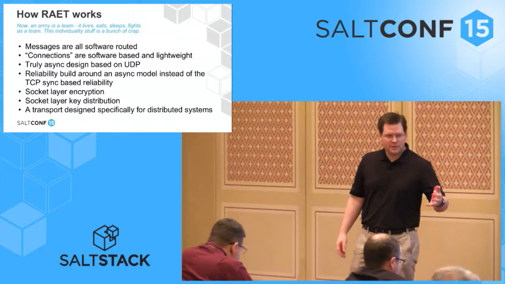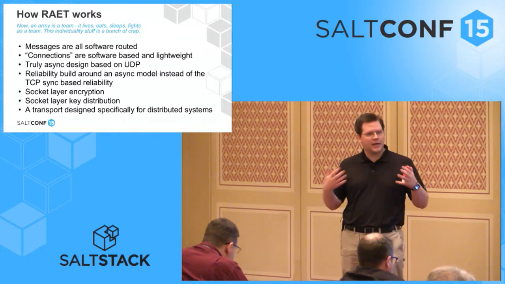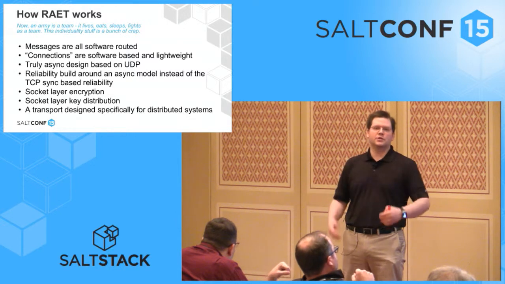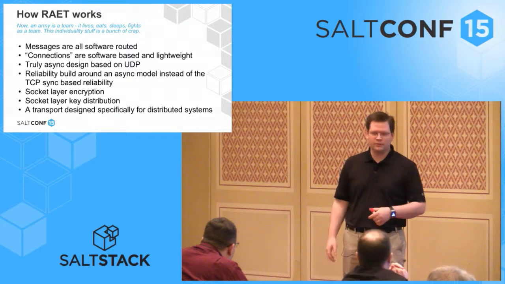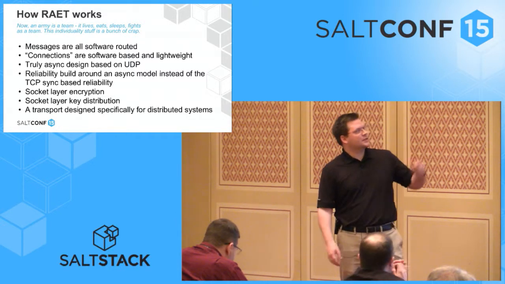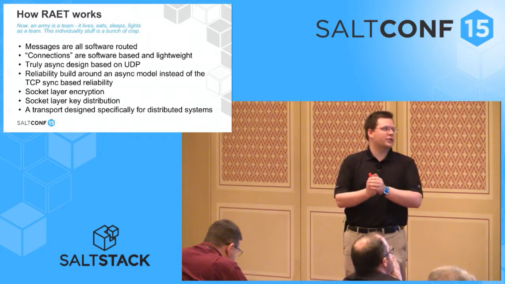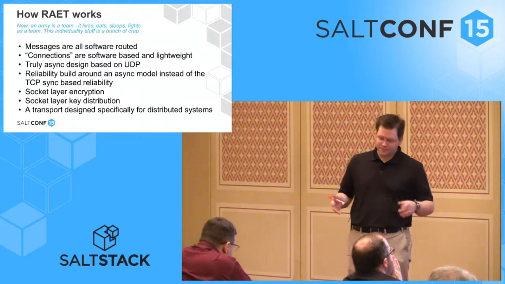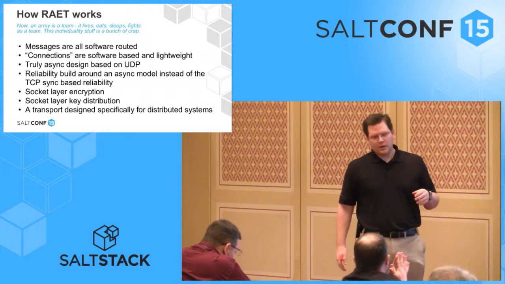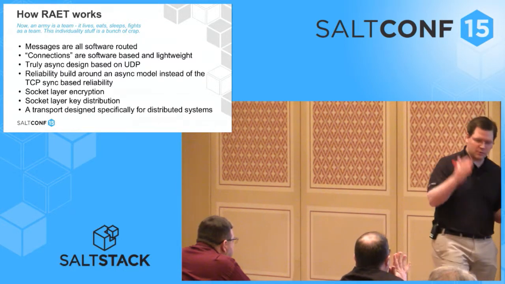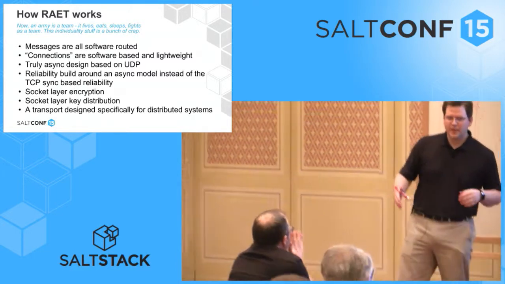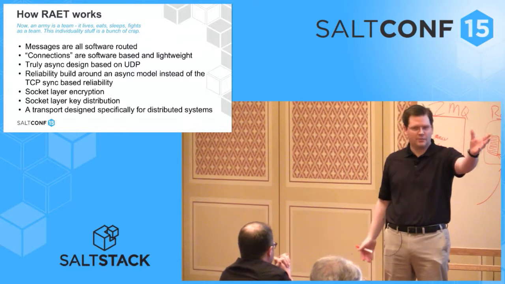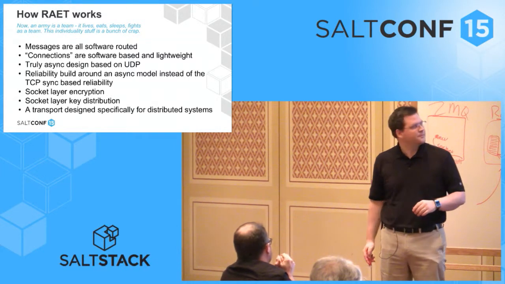And of course, I've explained many times that we built application layer cryptography because we were unable to accomplish the same performance and scaling metrics if we didn't. But the nice thing about RAET is that we were able to create socket layer encryption. And so with RAET, we're able to get much more fine-grained encryption and encrypt things in a much more secure way, which is described better by the curve-CP document.